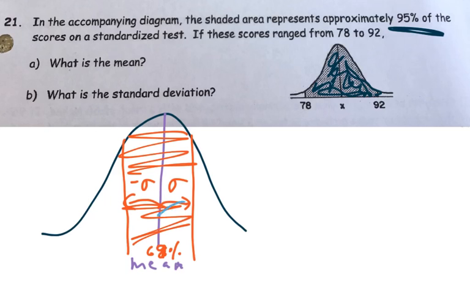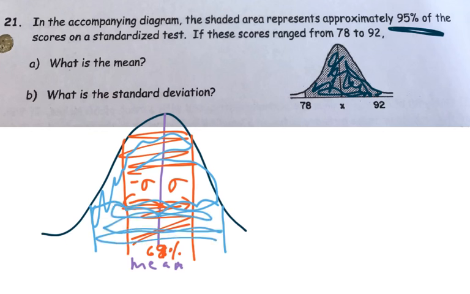If I go out two standard deviations from the center in both directions, all of this in here, including the 68%, totals up to 95%.